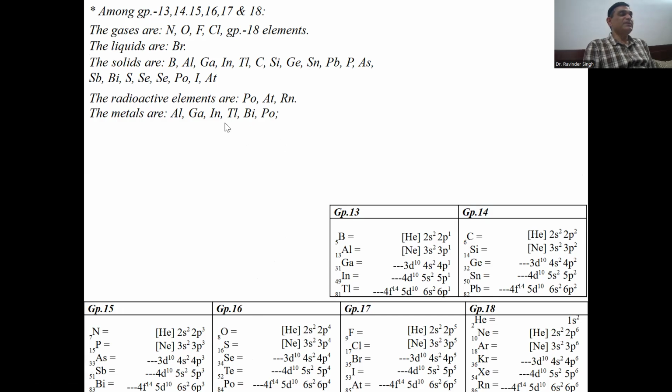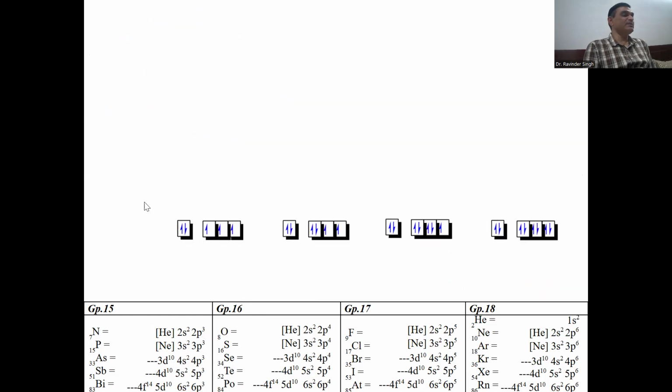Non-metals are carbon and silicon in group number 14, nitrogen and phosphorus in group number 15, oxygen and sulfur in group number 16, fluorine, chlorine, bromine, iodine in group number 17. Metalloids are boron, germanium, arsenic, antimony, selenium, tellurium.